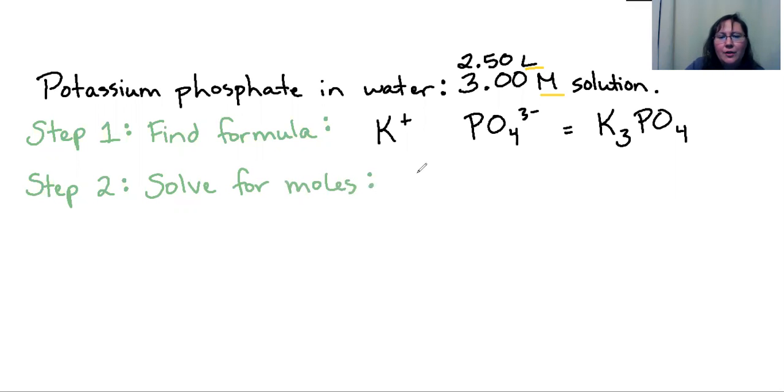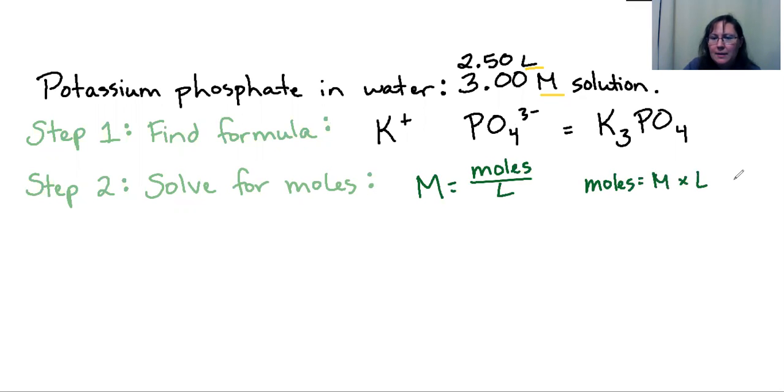And we're going to use the formula that molarity is equal to moles per liter. Okay, and that means that our number of moles is equal to molarity times liters, or times our volume in liters.